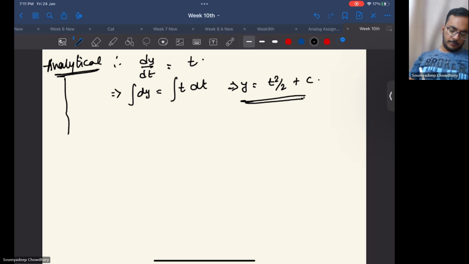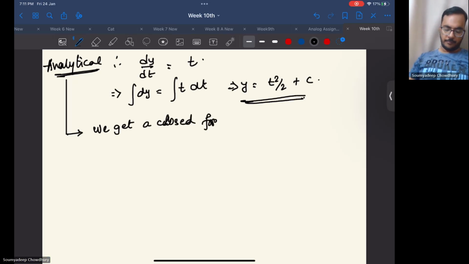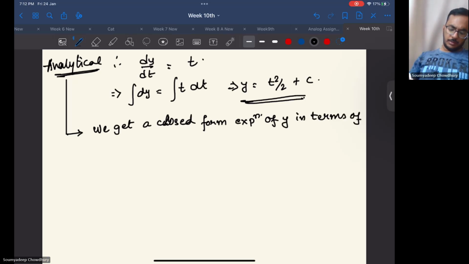Analytically, we get a closed form expression of y in terms of t.